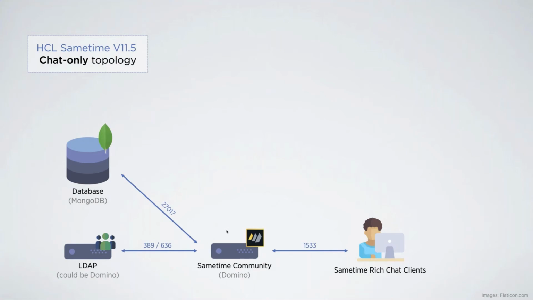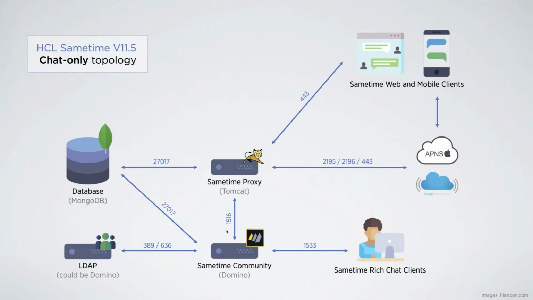If you need mobile access and web access, you need web chat. It is called Sametime proxy, and there is no sensitive data.